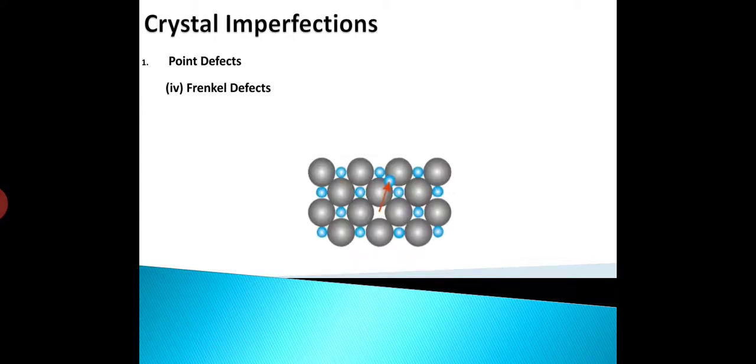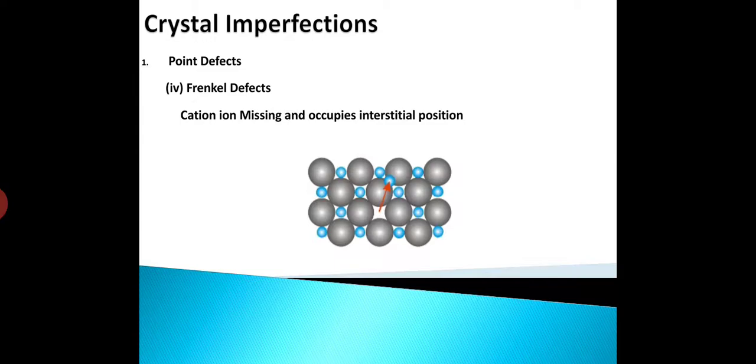The next point defect is the Frenkel defect. As shown in the figure, there are two types of ions or atoms, blue and black, where the black atoms are bigger than the blue atoms. These ions are called cations and anions: the smaller atoms are called cations, while the bigger atoms are called anions.